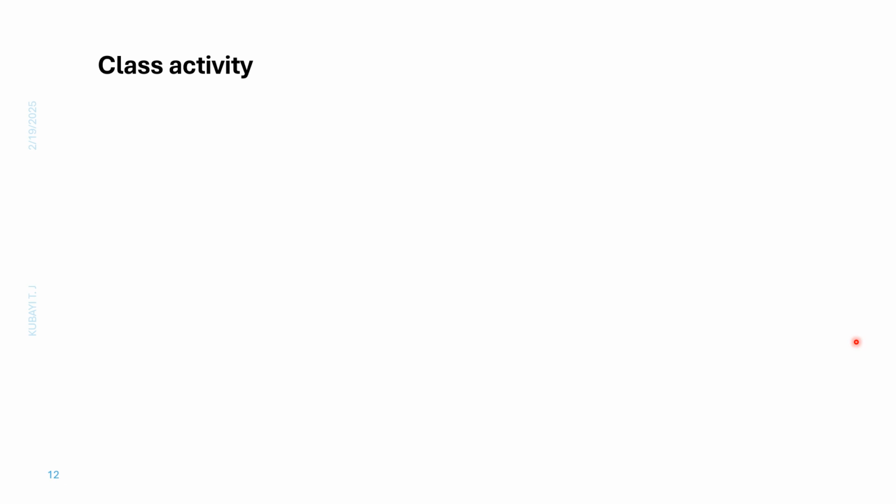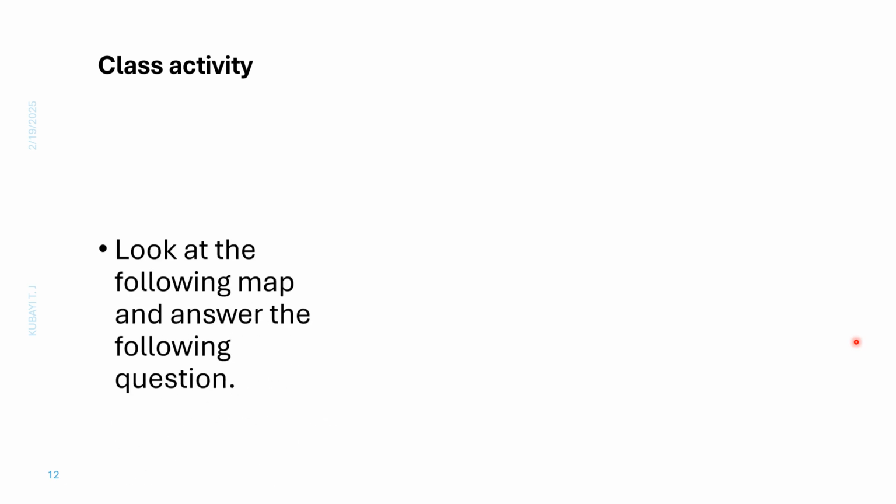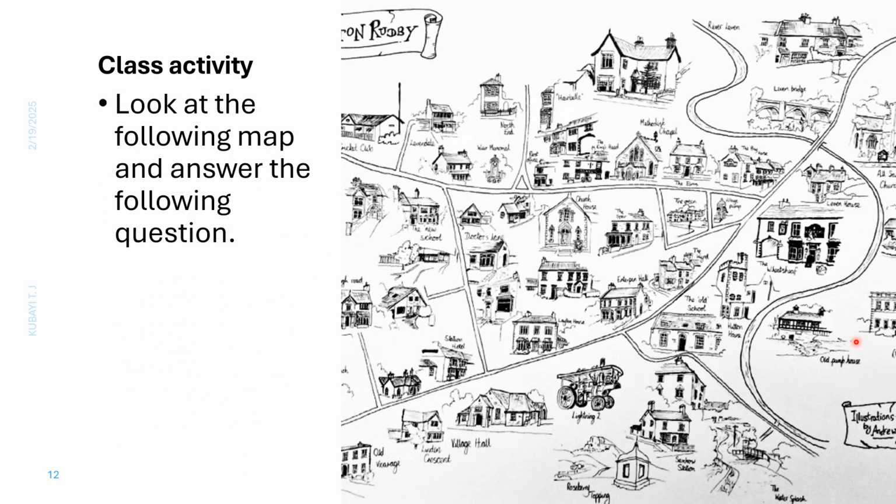Now that you have learned about characteristics of different settlements, let us do this activity together. Look at the map and tell me whether the map is a farm or a city. What is the answer?